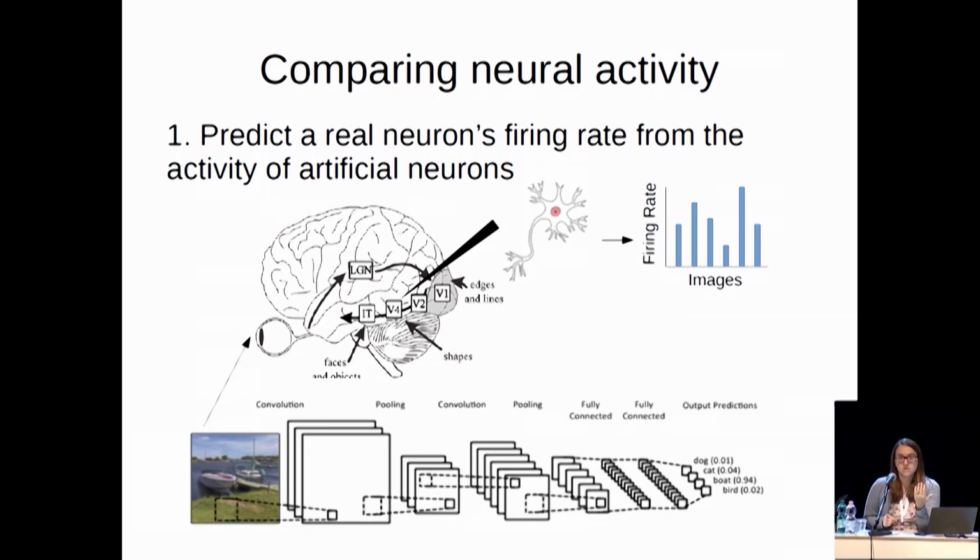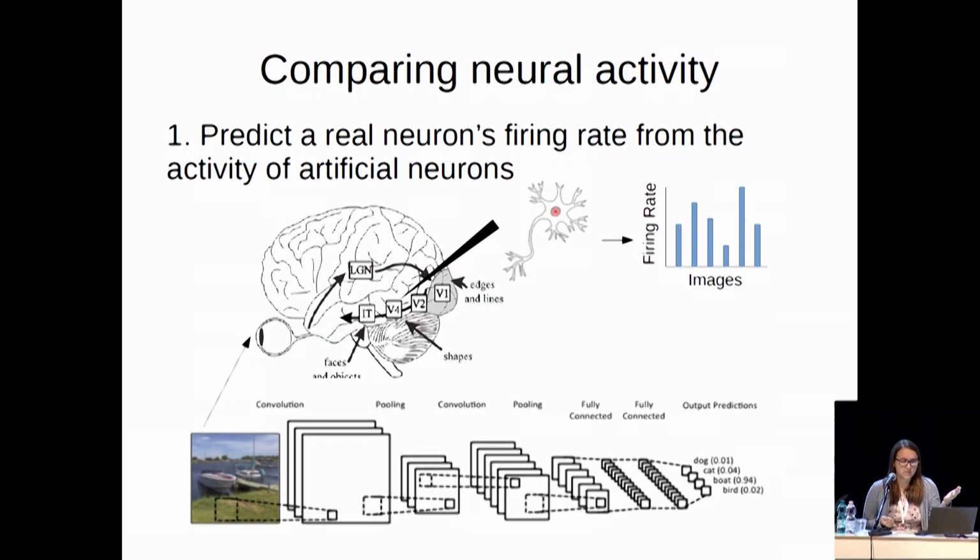You show the image to, say, a monkey in a lot of cases, and you record from neurons in different areas in the brain. Here I'm showing a schematic where there's an electrode in V4, and you're recording the activity of a neuron, and then you can see how that neuron responds to different images, and it will presumably respond differently to different images based on the features that it prefers. So now you have activity of artificial units, and you have activity of real units.